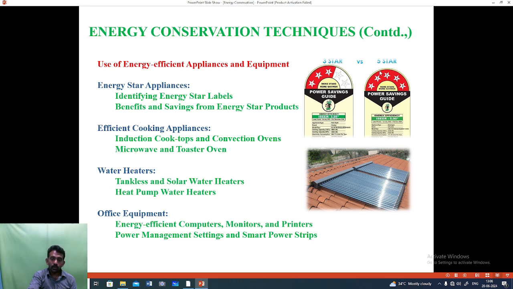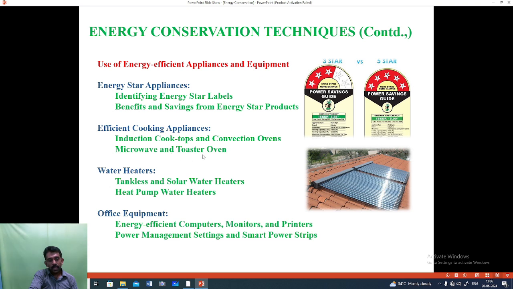Identifying energy star labels and buying energy efficient products is one of the important concepts of these energy conservation techniques.